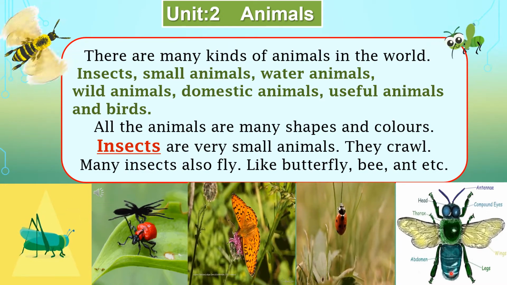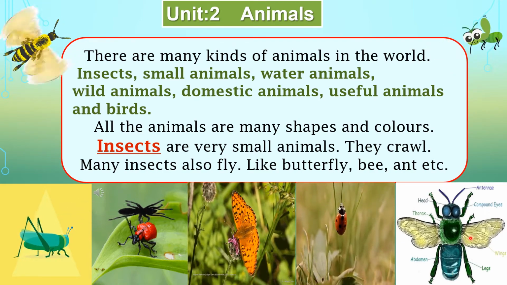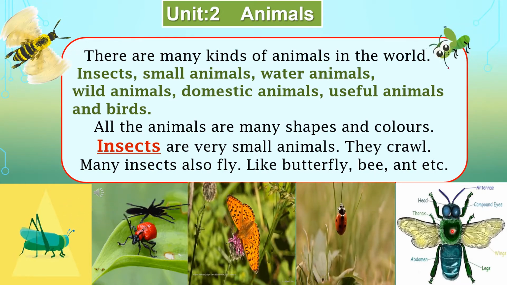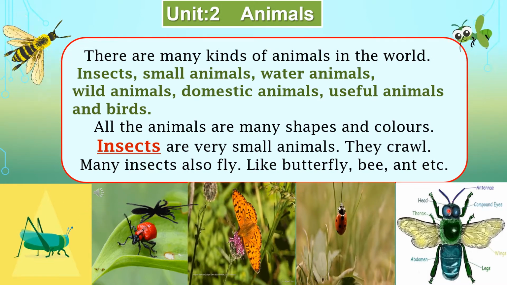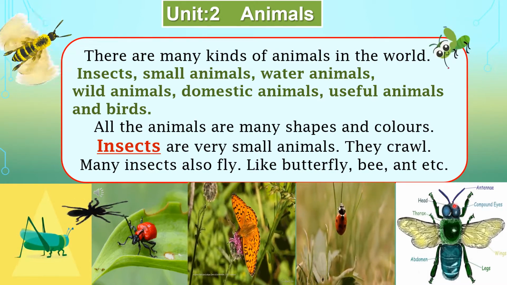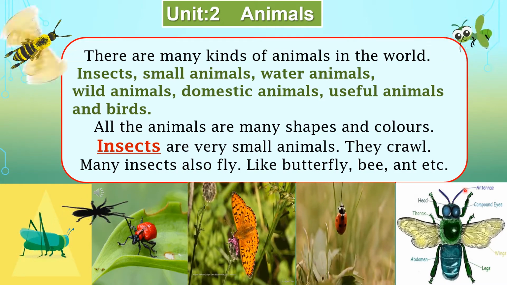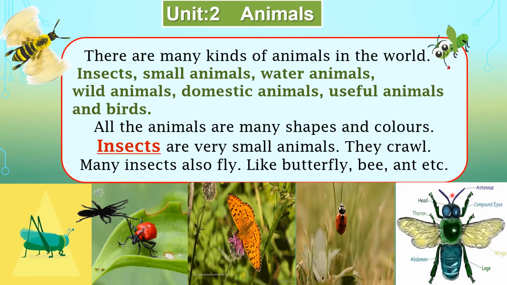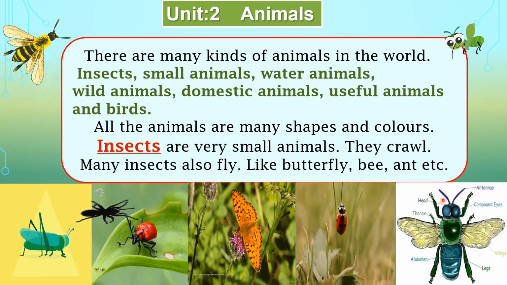As you can see in the picture I have pasted, this is the head of the fly, and it has compound eyes on this part, and then 2 antennas you can see here. These antennas are used to smell something. We smell with the nose, but insects have no nose; they have antennas to smell.